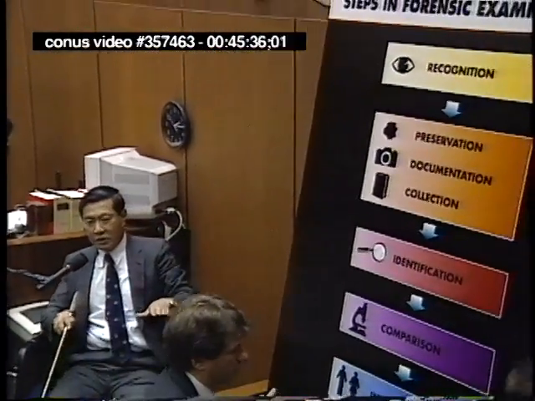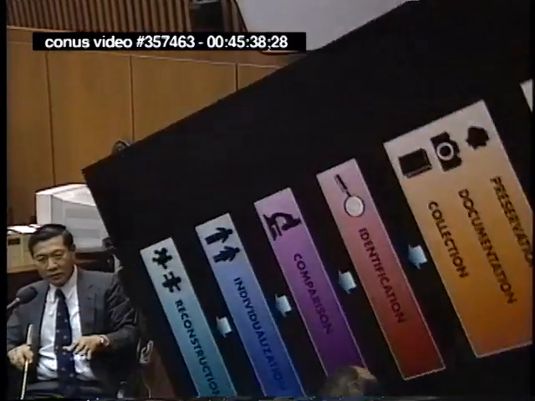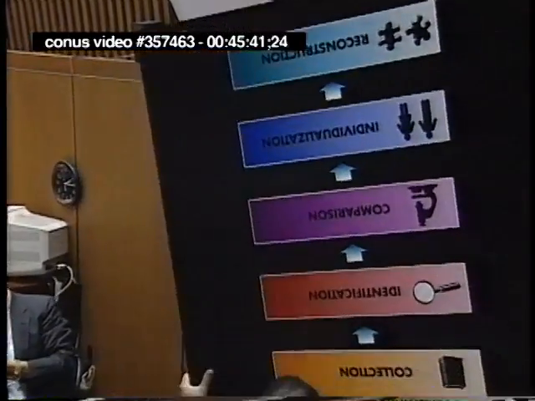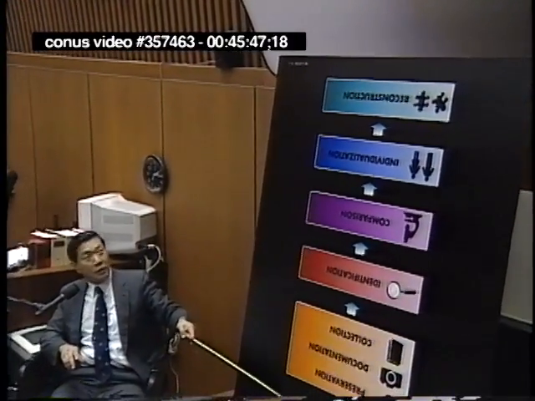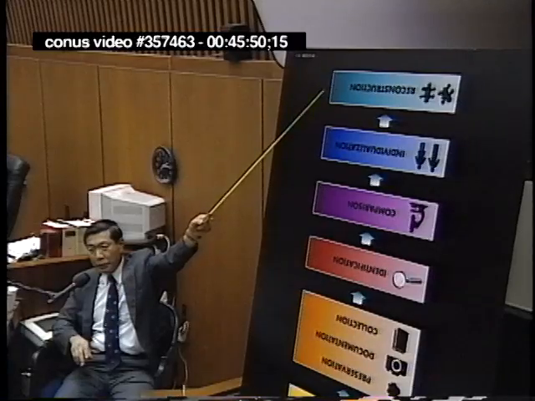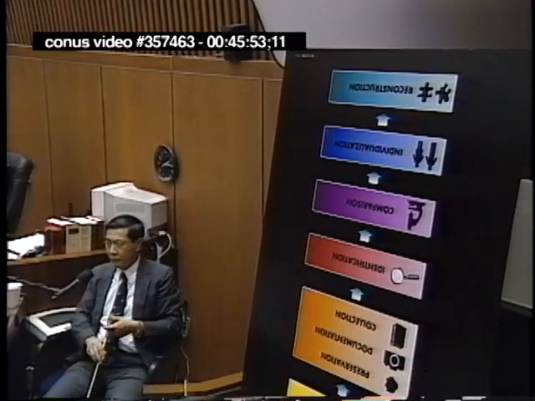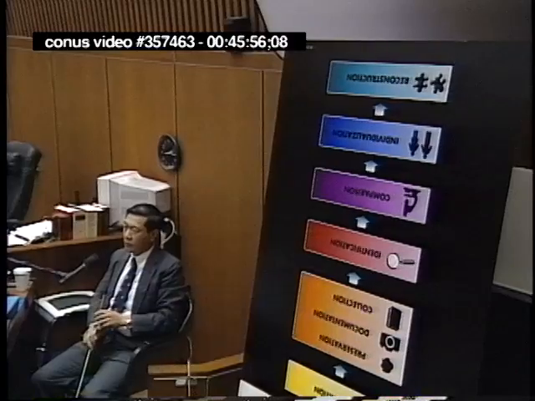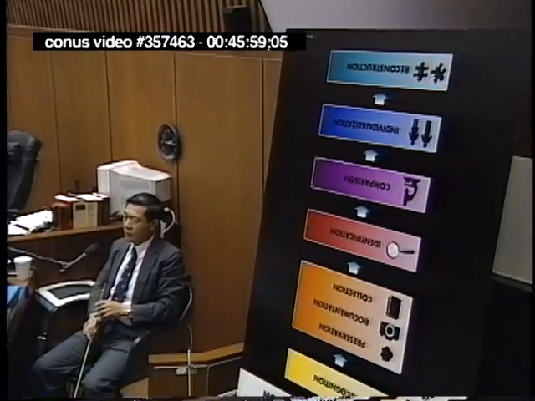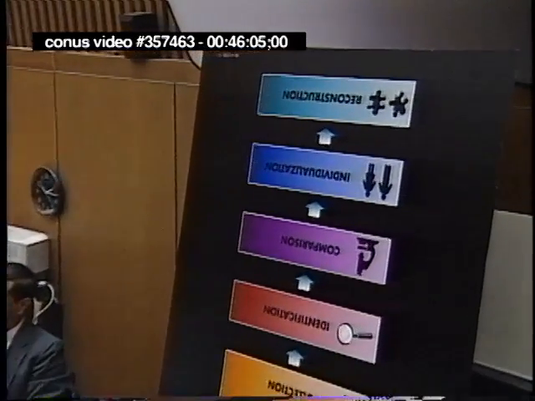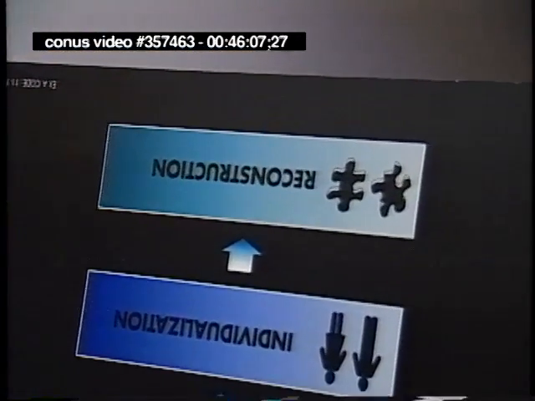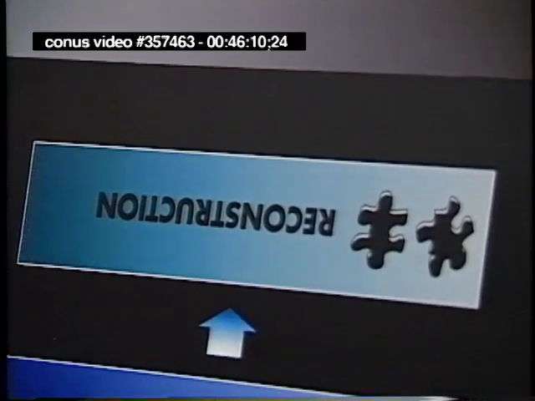If you turn this chart upside down, if we don't have a foundation, you take the building block away, whatever reconstruction becomes speculation. So if evidence is contaminated or compromised in the recognition, preservation, documentation, and collection phase, that undermines the ability to do reconstruction. Yes. All right, let's move on. That's it.